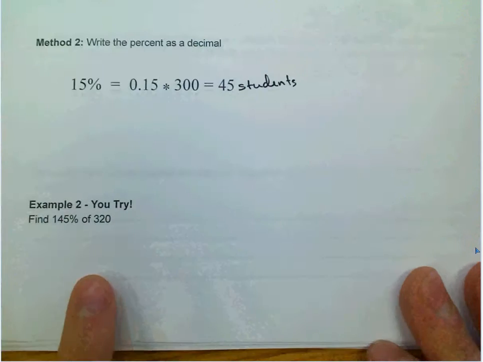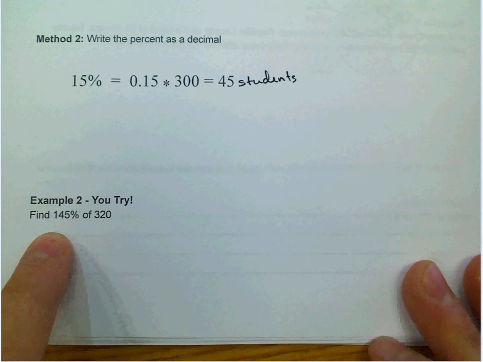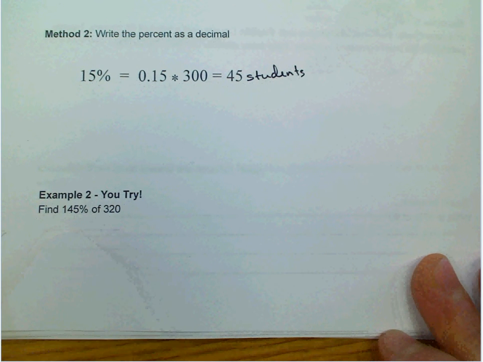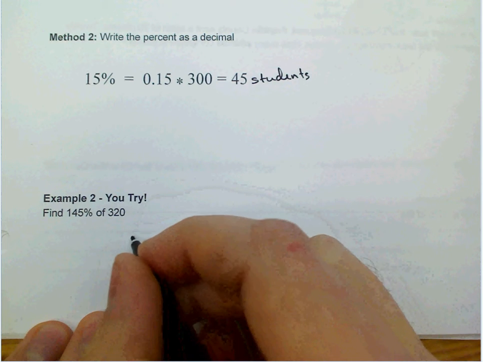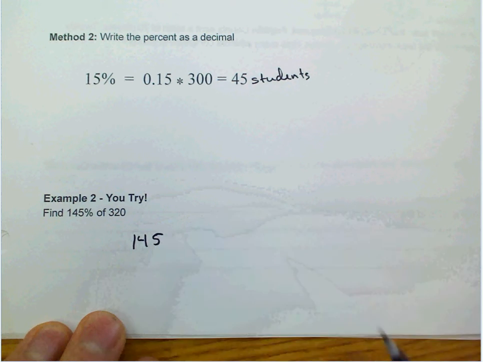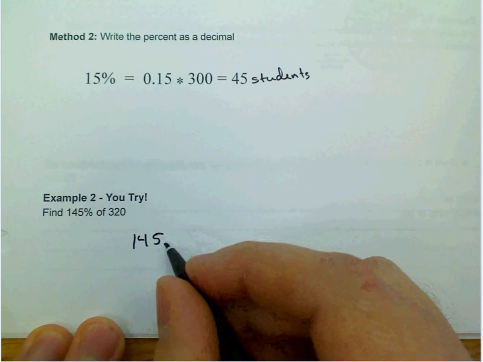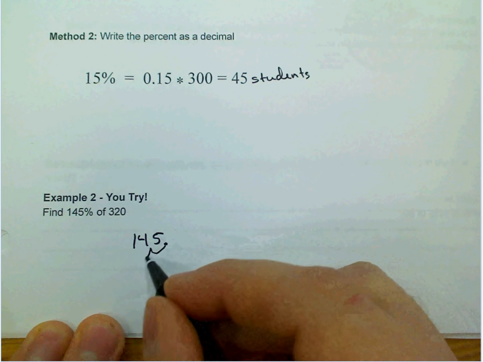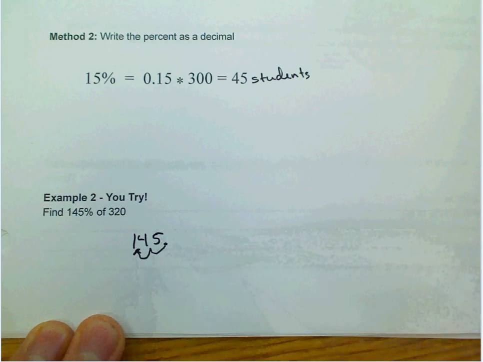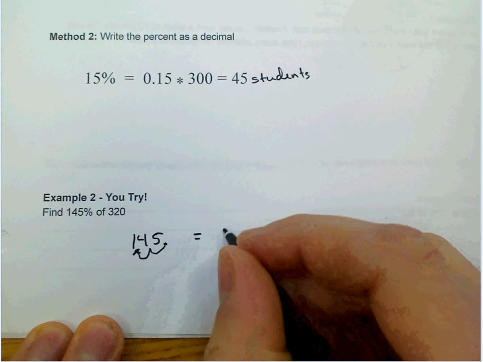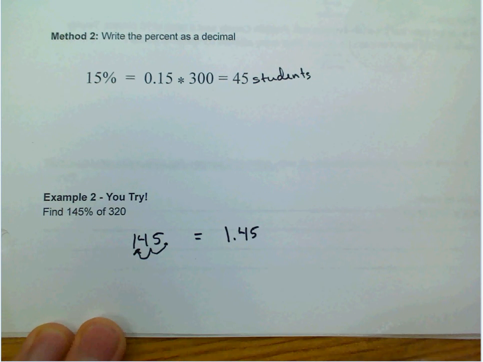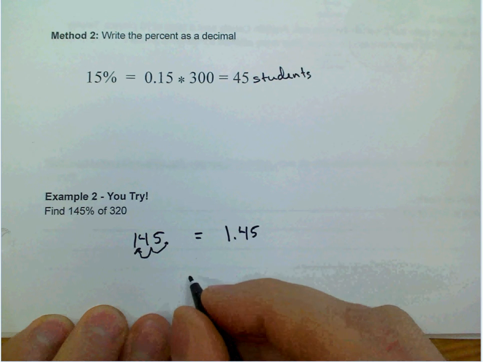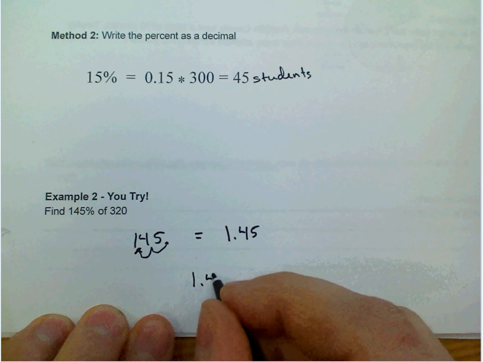We're going to do example 2 together because we need a reminder of what we should do when we have a percent that's above 100 or below 1. So if I have 145%, I still move that decimal 2 places to the left to turn it into my decimal form, which is 1 and 45 hundredths. I then take 1 and 45 hundredths and multiply it times 320.